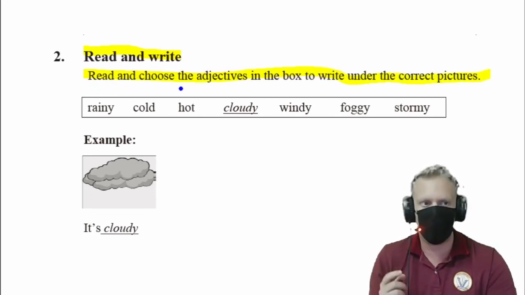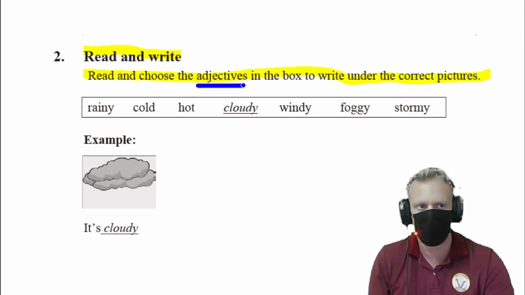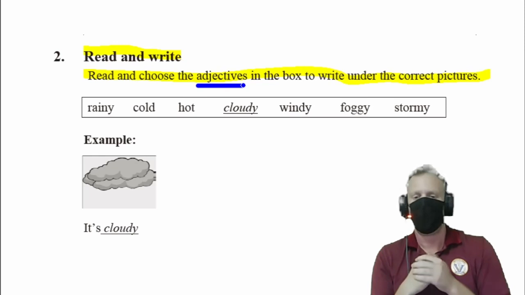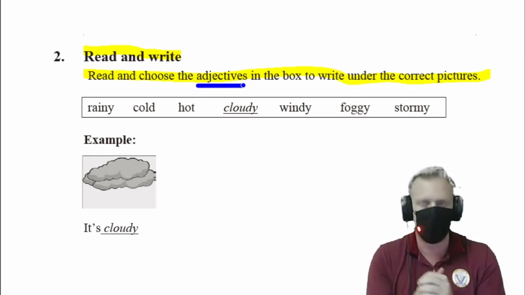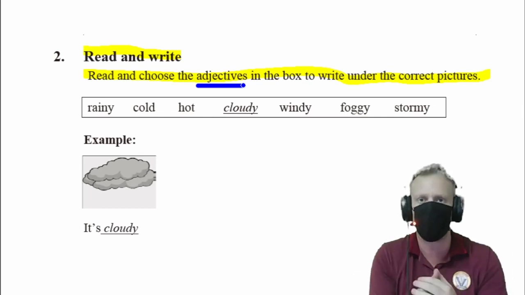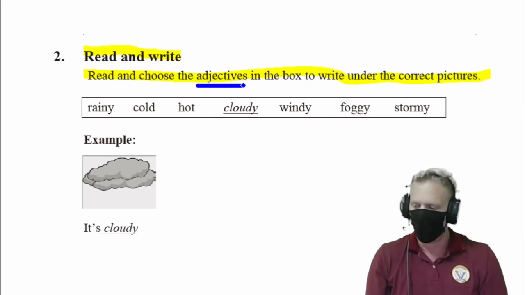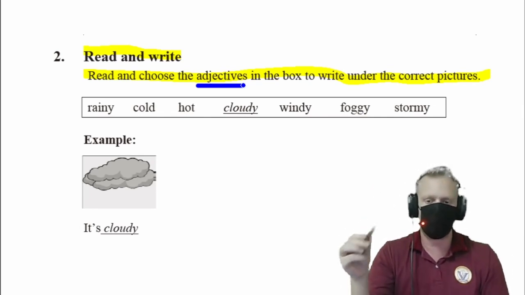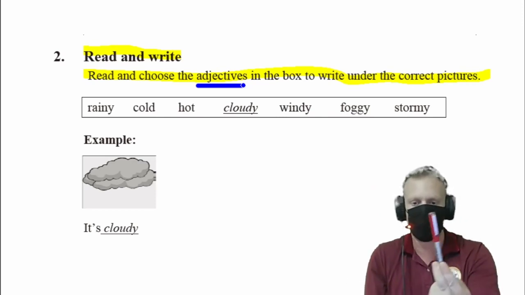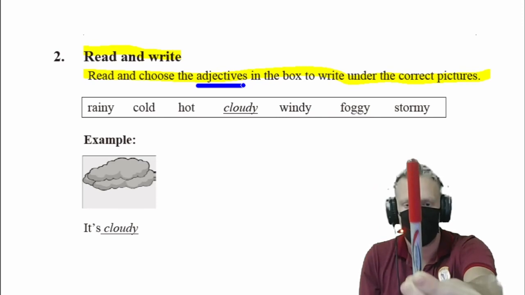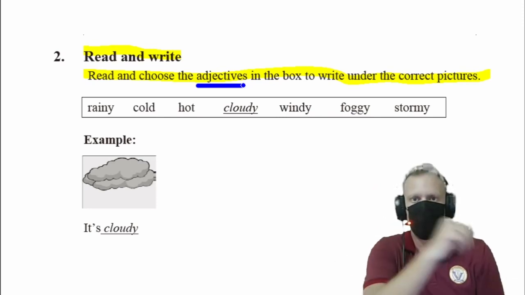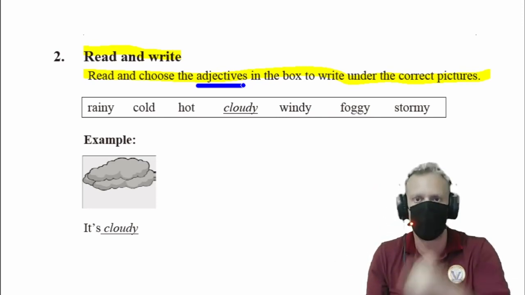Before we go on, I would like to talk to you about adjectives. Adjectives are words that describe something, give information about something. For example, this is a pen. That is the noun, the name. And it's a red pen. Red is the adjective.